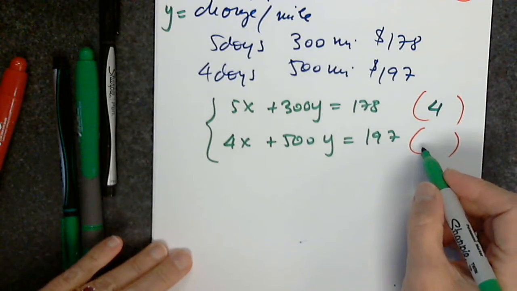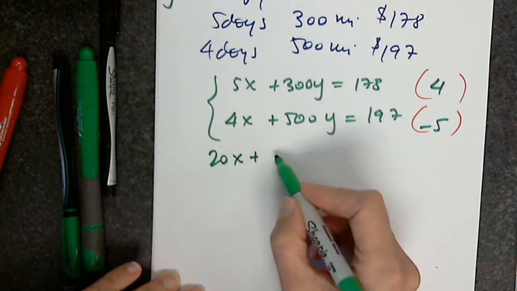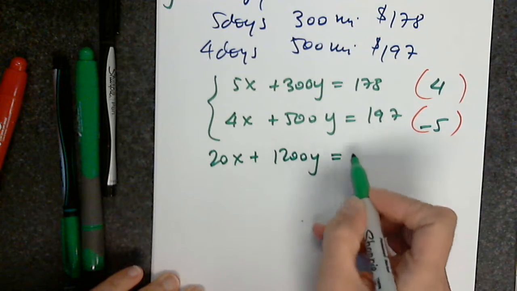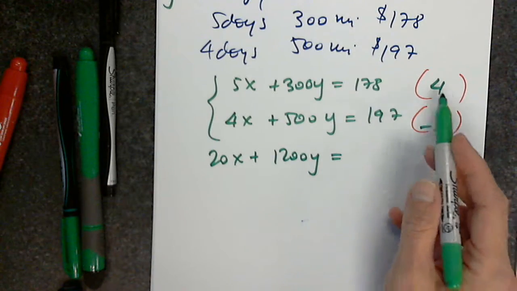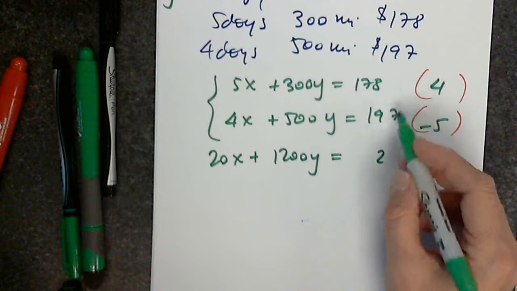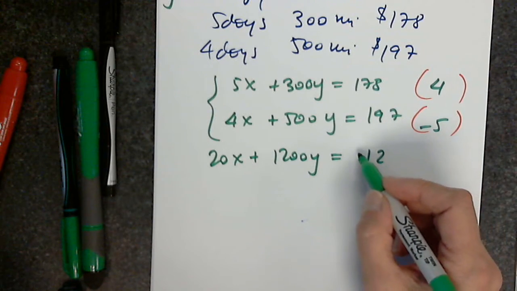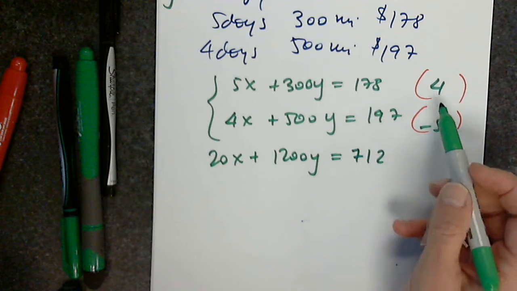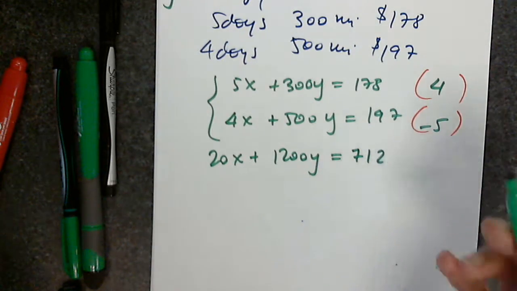Okay, perfect. So you have 20x plus 1200y equals, how much is this? 712? Okay, perfect.